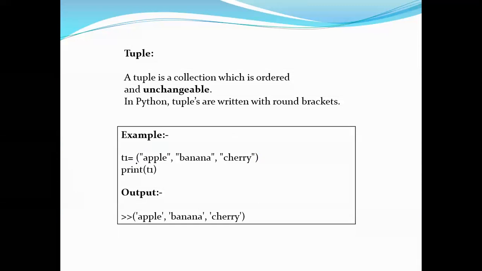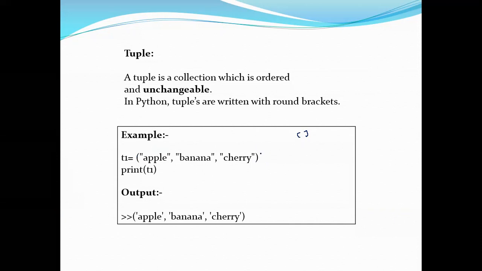This is what you need to understand, right? Previously in list, we used square brackets. Now we are using round brackets. So the difference comes with respect to the enclosing brackets, right? Here it is square brackets, and here it is round brackets.